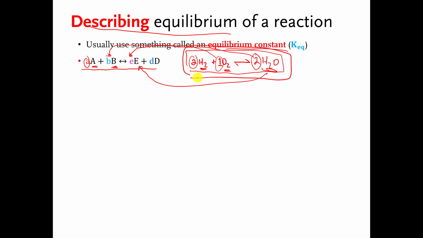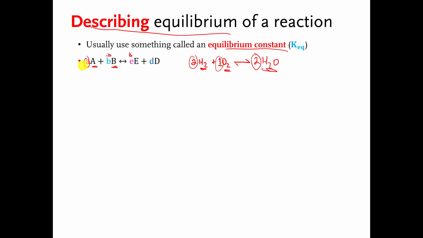In this balanced equation, we don't have 2 products. We only have 1. We only have water, so there is no D in my more concrete example. But we're going to keep it very general, so this is just a general chemical reaction.